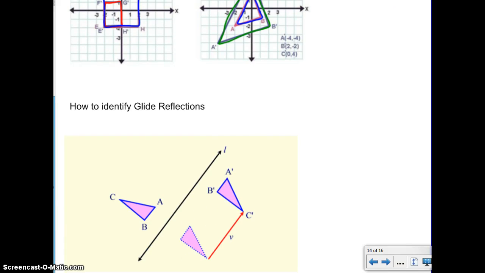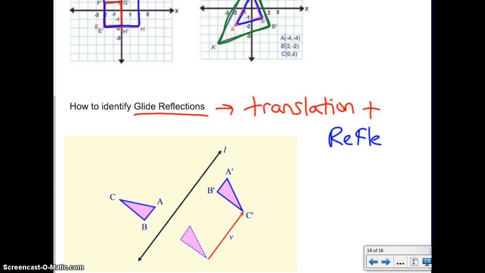Now, a glide reflection. This is one that we didn't cover too much, but it does pop up on the Regents, all right? A glide reflection, the word itself is a combination. It's a combination of a translation and a reflection. So if you look at this image right here, our first triangle, ABC, you see how the first step is that it flips. So that's the reflection.